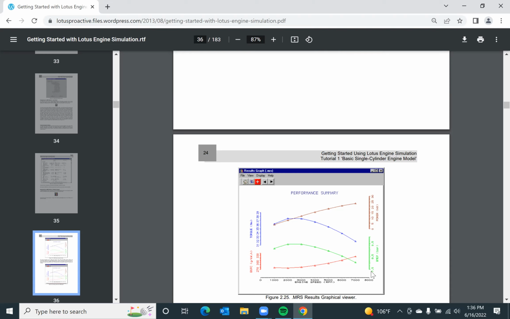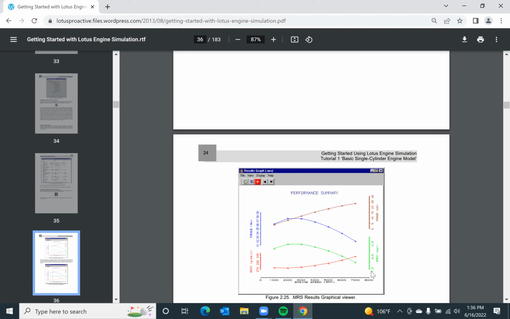Then another important question is, what is the pressure inside the cylinder? Because the mechanical parts of the engine are designed for certain stresses and strains. If the pressure or temperature inside the cylinder exceeds those mechanical limits, the engine is not going to perform. As you can see, this is called brake mean effective pressure, BMEP.